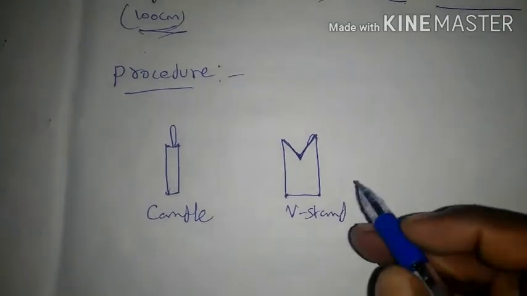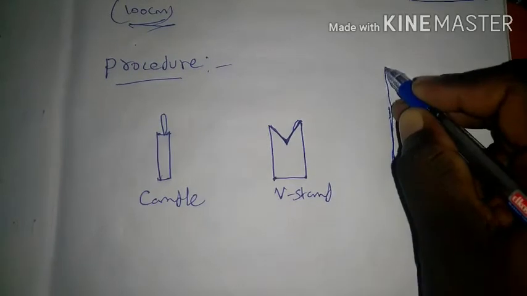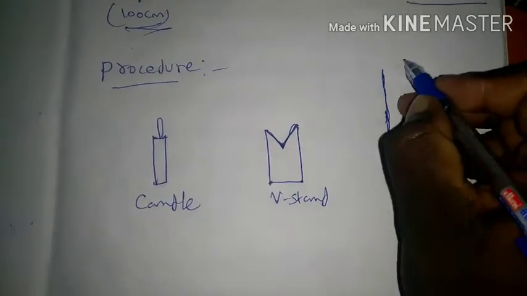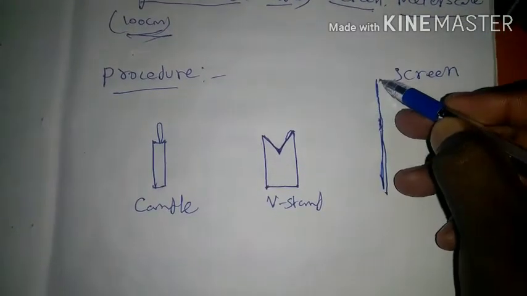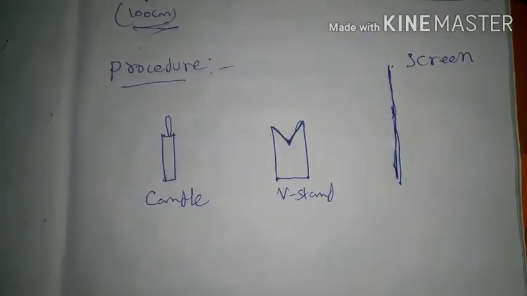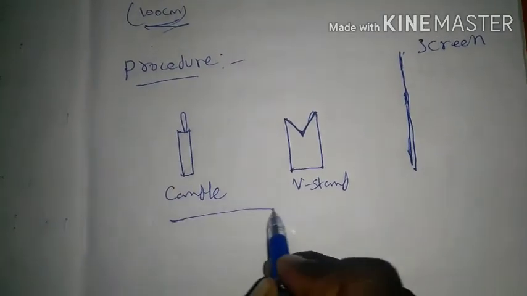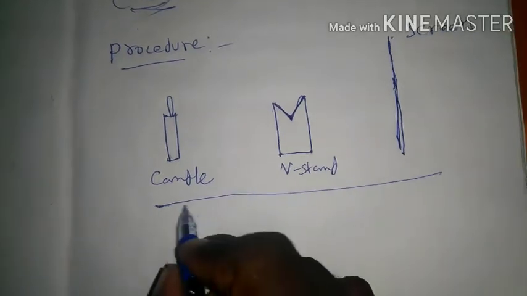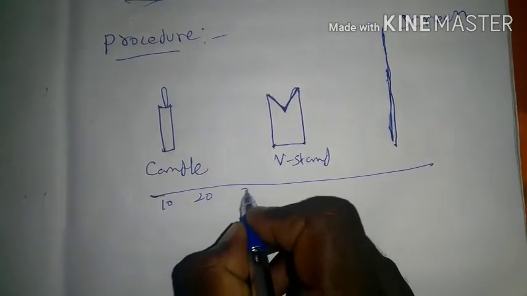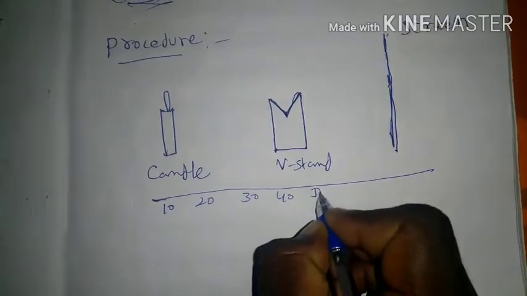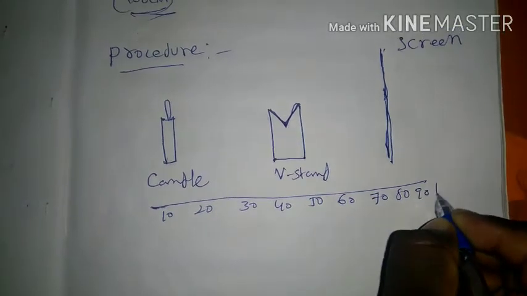Next after that, screen. Okay, white sheet. This is screen, white chart. Next after that, meter scale. 100 centimeter meter scale. 10, 20, 30, 40, 50, 60, 70, 80, 90, 100.